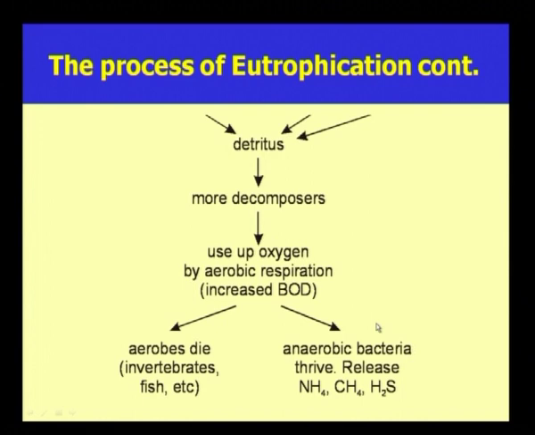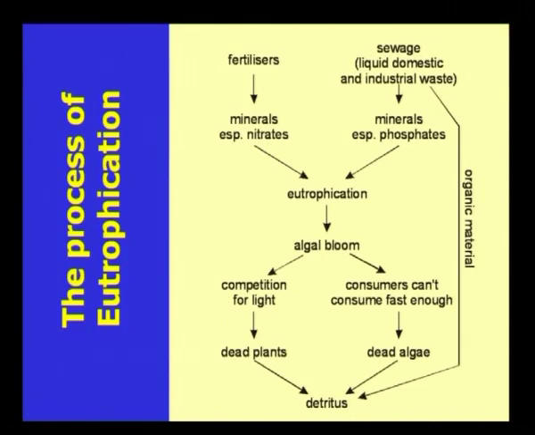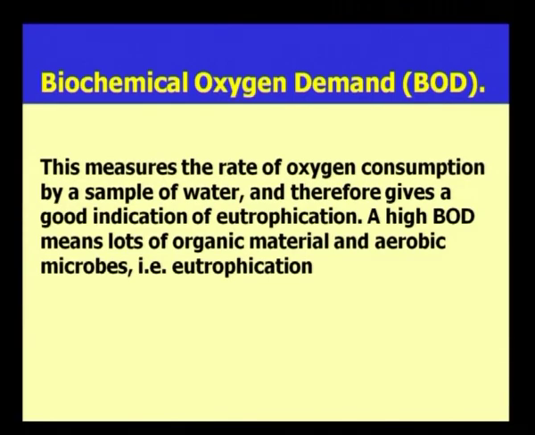And so, this is depicting the eutrophication systematically, and so the biochemical oxygen demand measures the rate of oxygen consumption by a sample of water, and therefore gives a good indication of eutrophication.